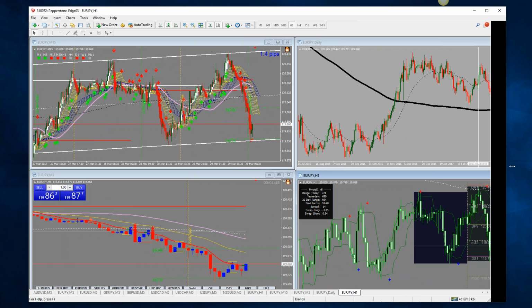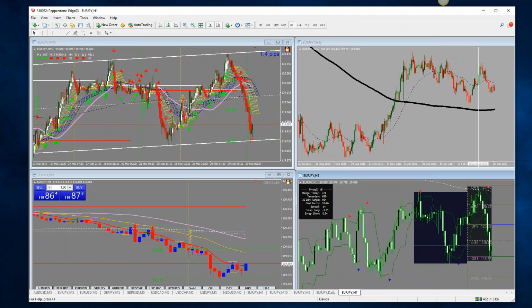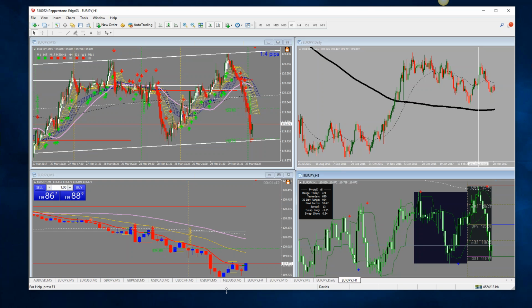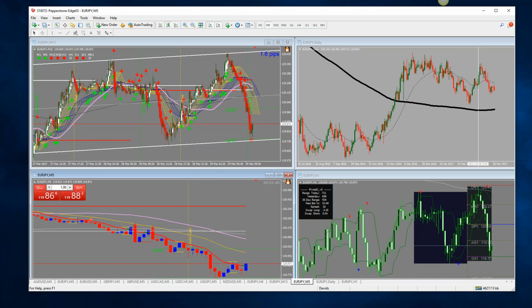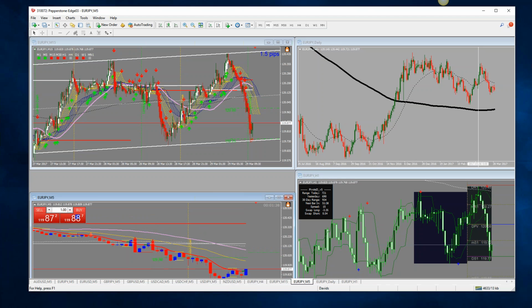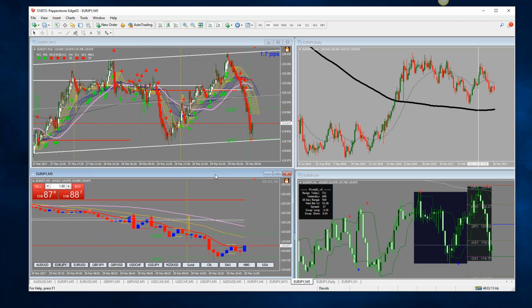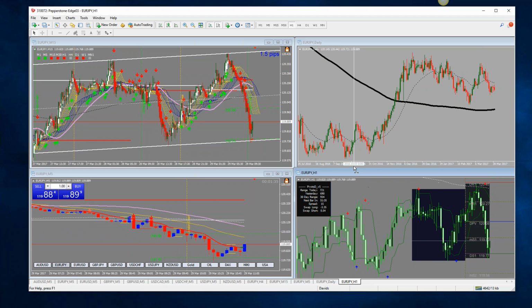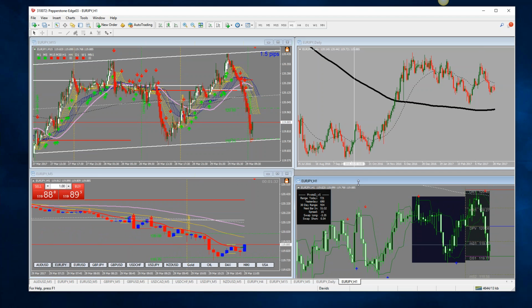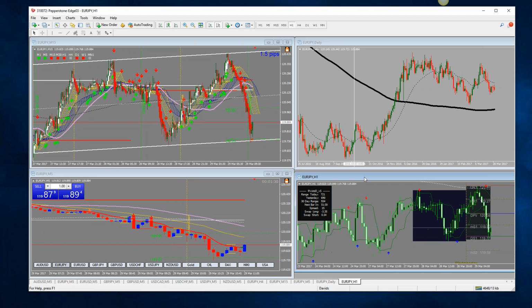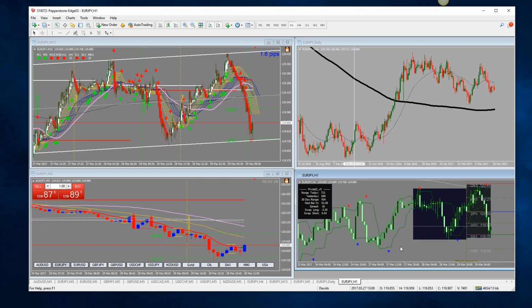I'm just going to quickly show you. Just bear with me, I do apologize. I wasn't prepared to show this off, but as you can see here, I have all my different time frames.